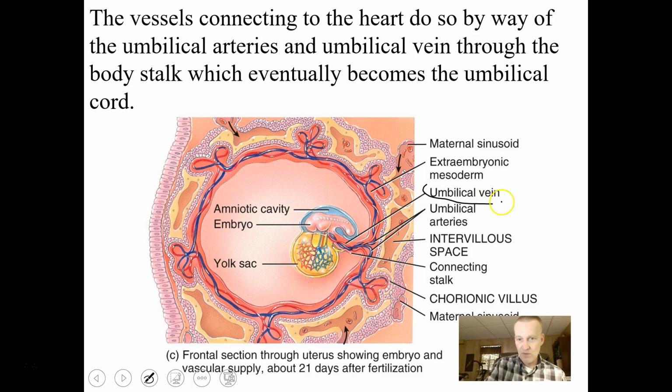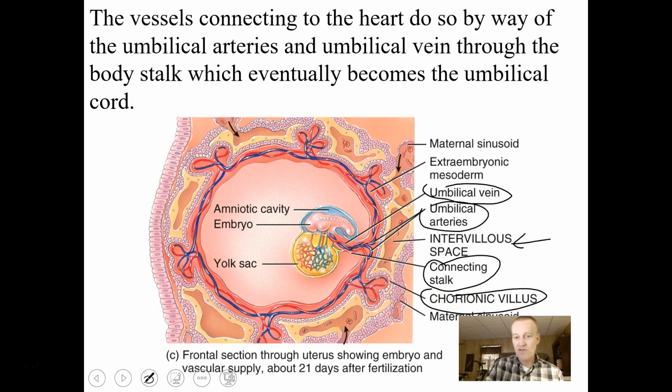So here you can see the umbilical veins, and we can see the umbilical arteries. And we can see the spaces that maternal blood will be filling up. Here's a connecting stalk to the embryo. And you can see the chorionic villi that are forming there that will help to nourish and feed the baby.